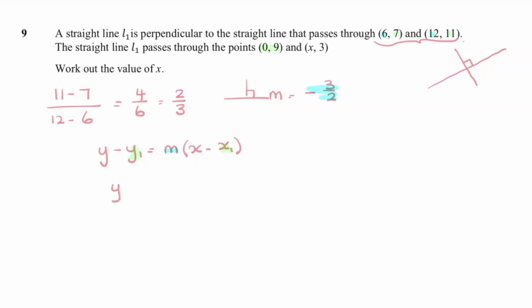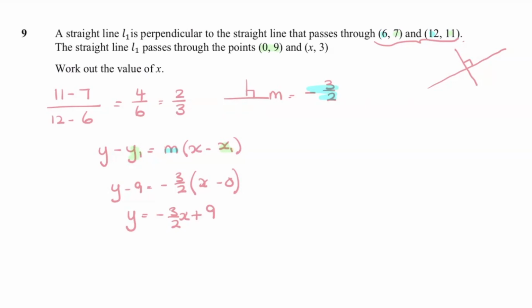We end up with y minus 9 equaling minus 3 over 2 times x minus 0. This tidies up to y equals minus 3 over 2 x, and then that negative 9 has come across and landed as positive 9. We have to, I lost my x. See, there it is. We have to work out the value of x when y is 3.